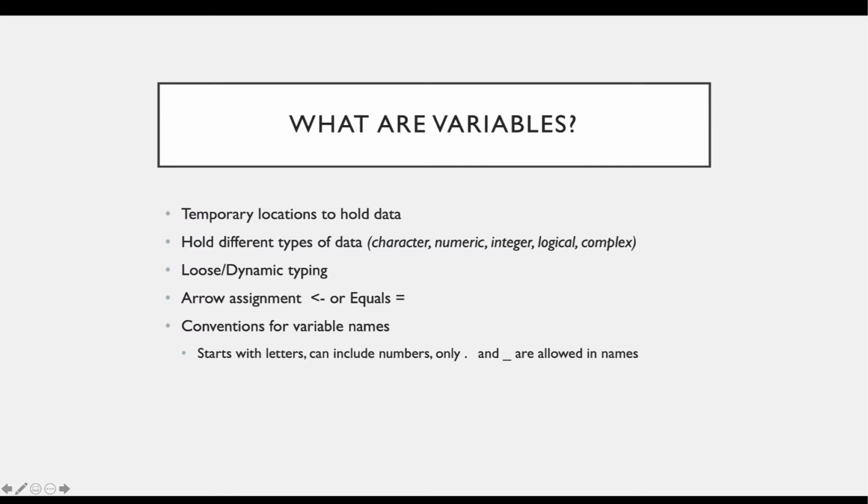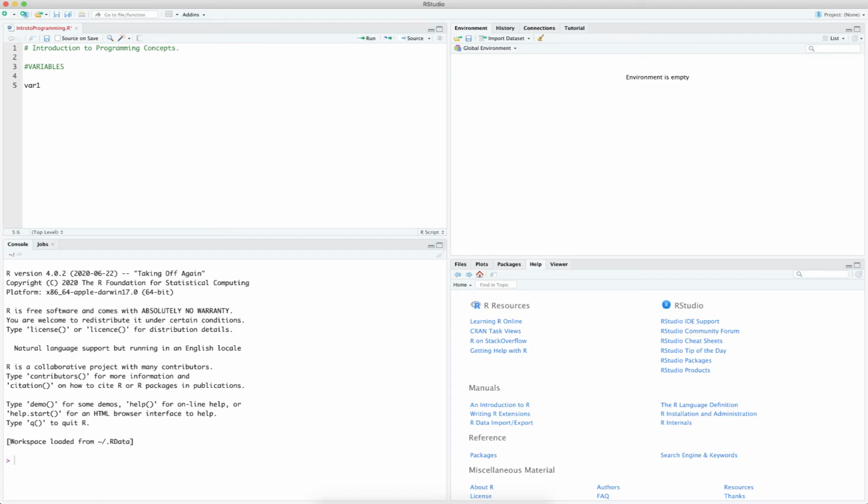Now, to assign a variable a value, we can either use an equals sign or an arrow assignment. So I can either say var1 equals 2, or I can do the following. Now please notice that I put a hash over there, so anything I type after the hash is going to be considered a comment.